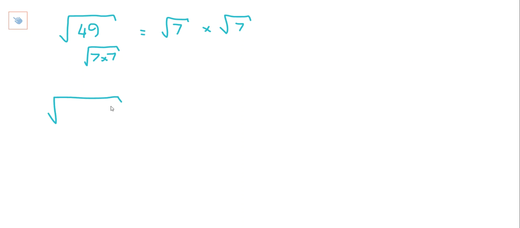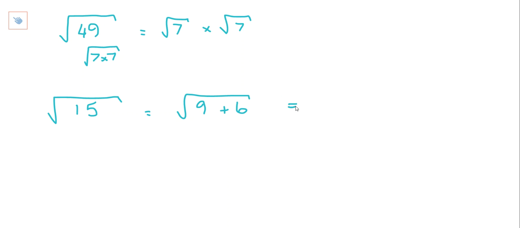So what some people would do is this. If I were asked to simplify root 15, they would say, oh, well, they're looking for something that they can do as a square number. So they would say that's root 9 plus 6, which it is.